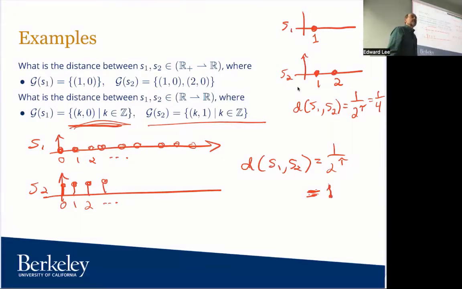One of the interesting things about this Cantor metric is that for the particular formalism that we've defined, where we're looking at positive real numbers only for times, the distance is always between 0 and 1.